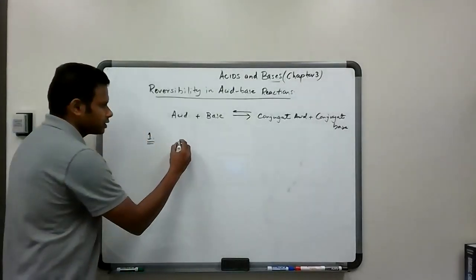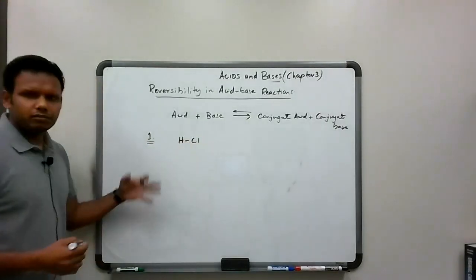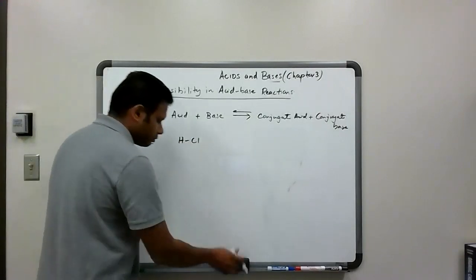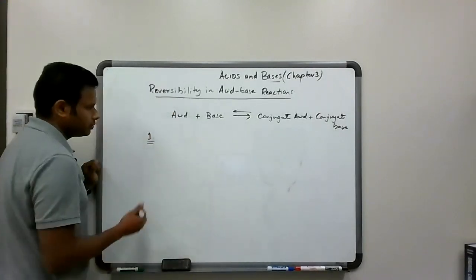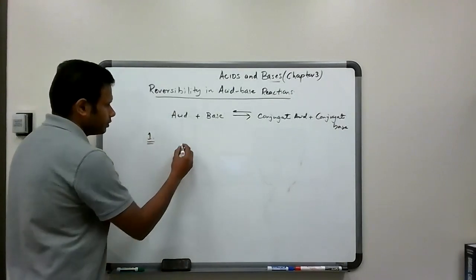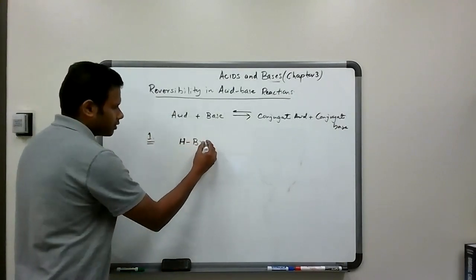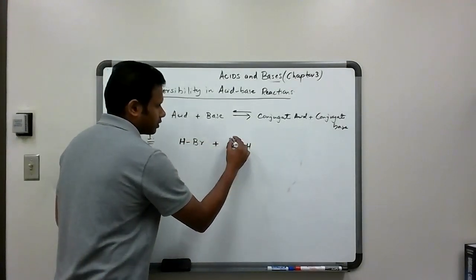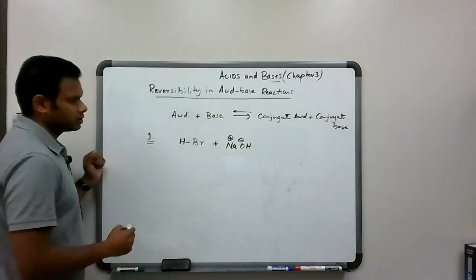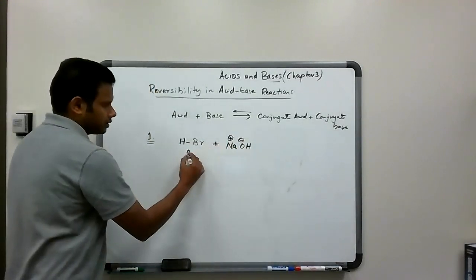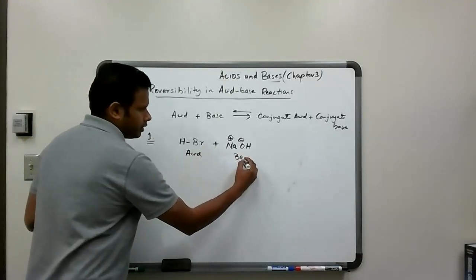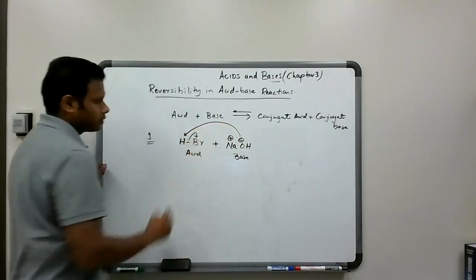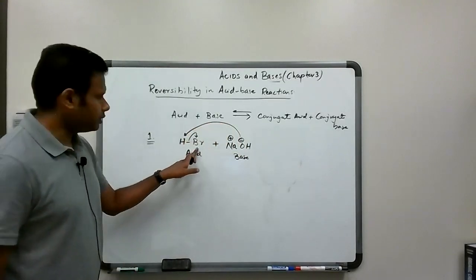So let's consider a simple example. We've been using HCl, so let's say we have HBr and sodium hydroxide, Na plus and OH minus. So acid, base: the base abstracts the proton, electrons move towards the bromine.